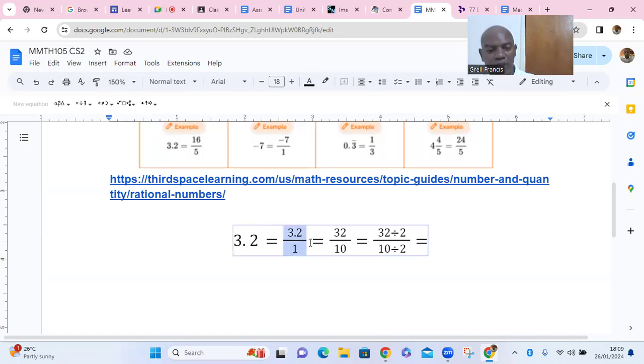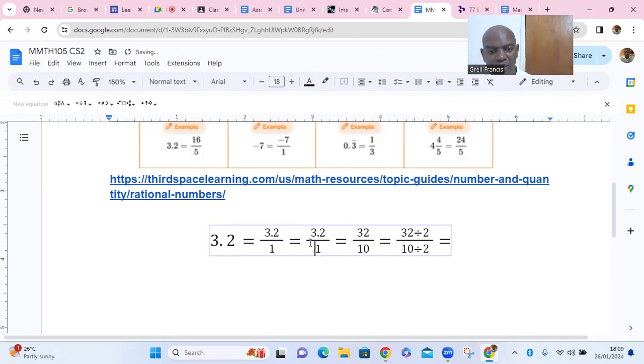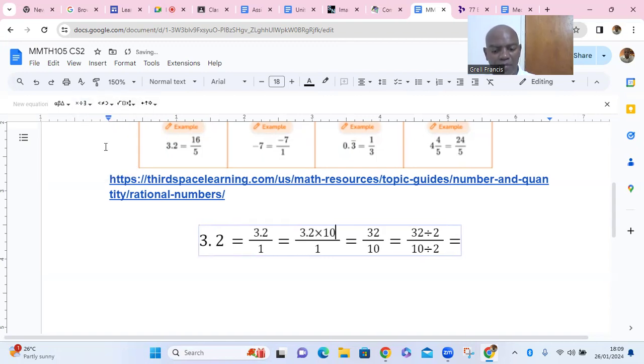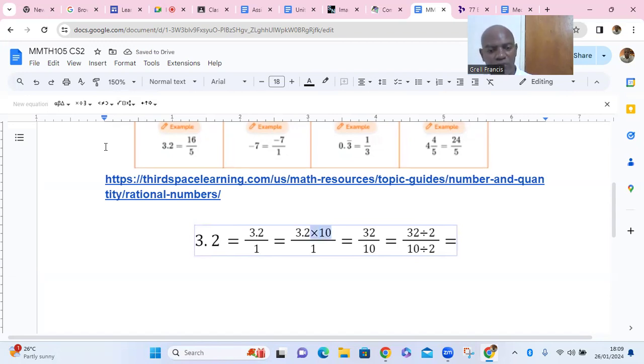Okay, I have deleted the multiplying by 10 accidentally. So let me put it back. Multiply by 10, multiply by 10. Whatever we do to the numerator, we've got to do to the denominator.